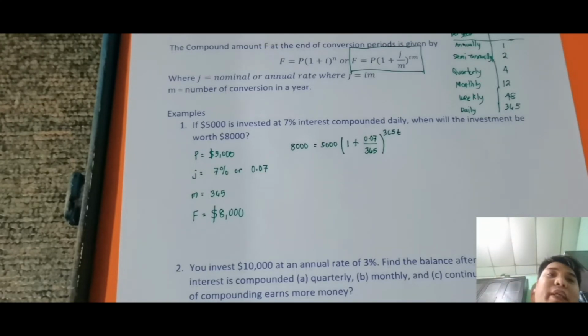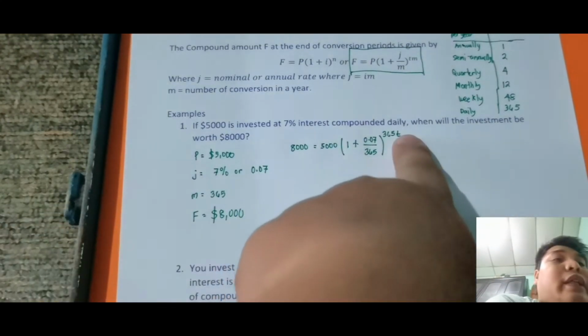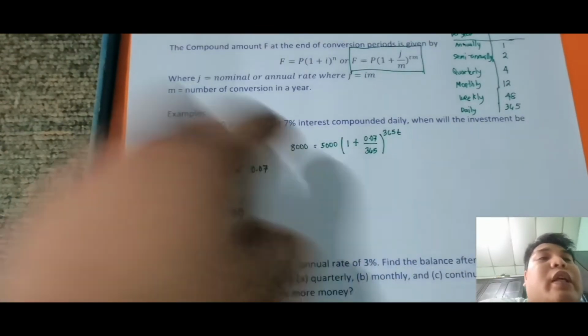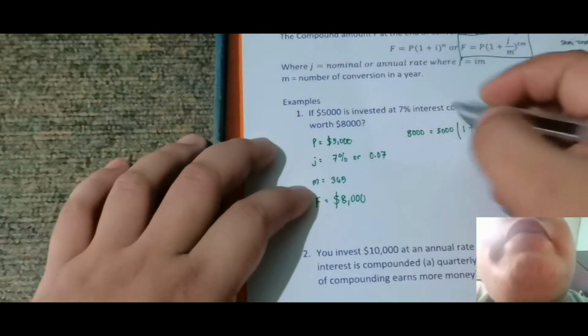Okay? So, ang goal natin, since aware ka na nasa exponent na yung ating variable T na hinahanap, aware tayo na yung application to ng logarithm. So, meaning, mag-apply tayo ng logarithm. Ngayon, may nakikita ka bang E? Wala po, sir. So, now, since wala kang nakikitang E, simplify muna natin further. 8,000, divide natin by 5,000 both sides.